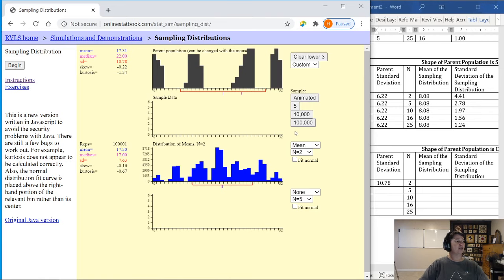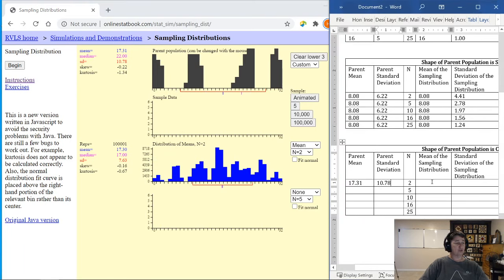I'm going to do that 100,000 times. Well, when I do that with that really small sample size, this still looks fairly similar to its parent. It's got a few more bumps in there, but it's still really, really weird looking data.